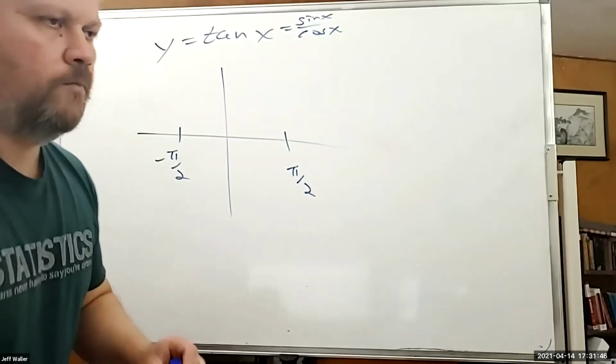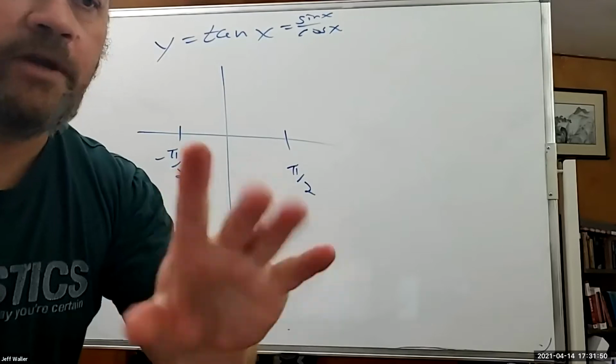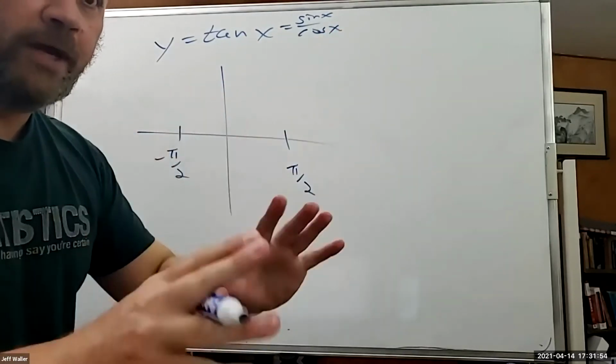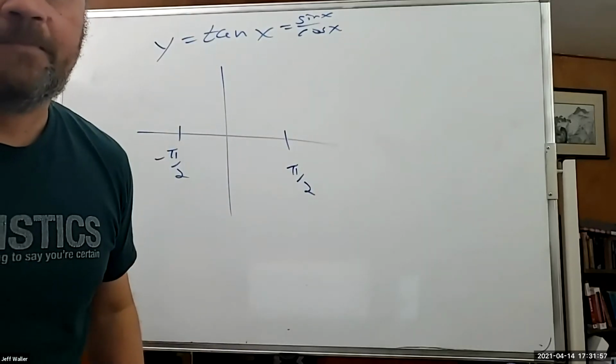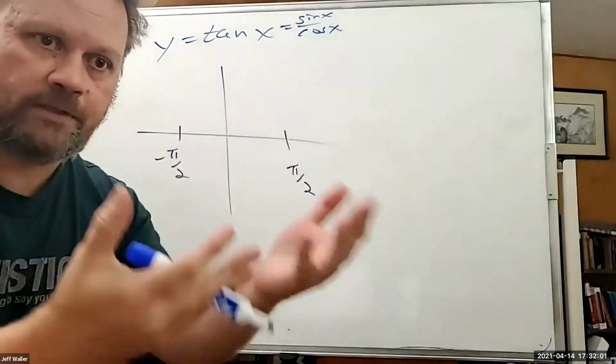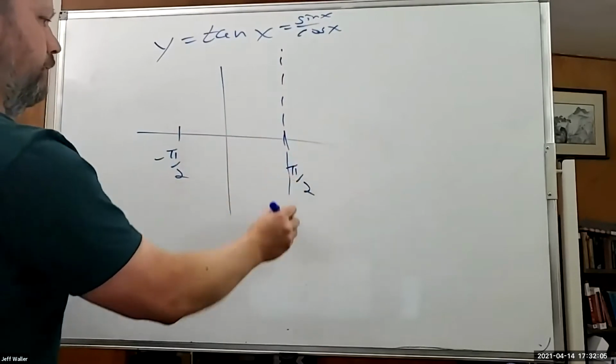Wherever cosine is 0, the tangent graph will have what? Asymptote. We know that's what happens when the bottom goes to 0. Whatever's not in the domain is going to have a vertical asymptote there, right?